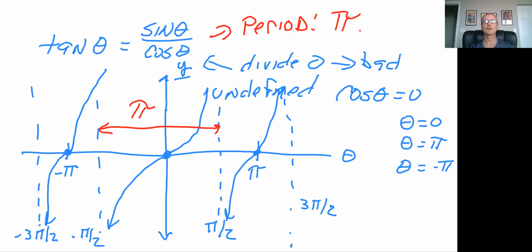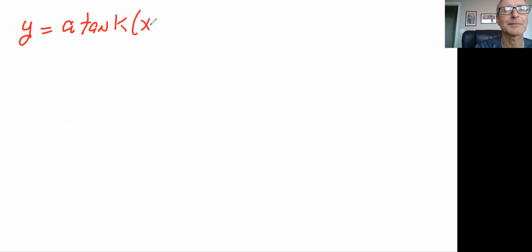And so when we talked about, let me clear this up here. So when we talked about sine and cosine, we had this standard form, right? We had this A, and then we had tangent of K, and then it was X minus B, where this was the amplitude, but we're not going to worry about that in the rest of these, but we are going to worry about the period.